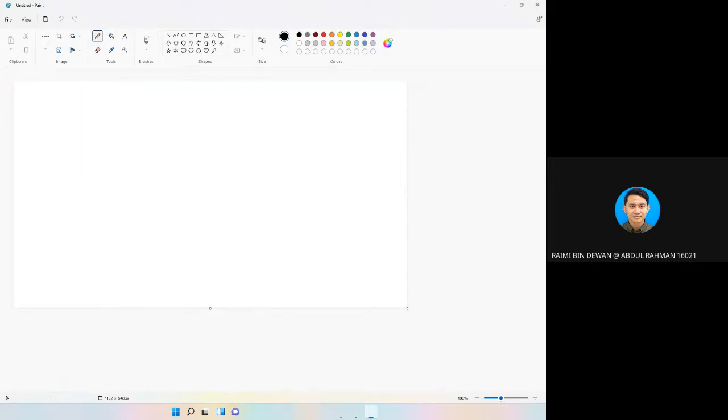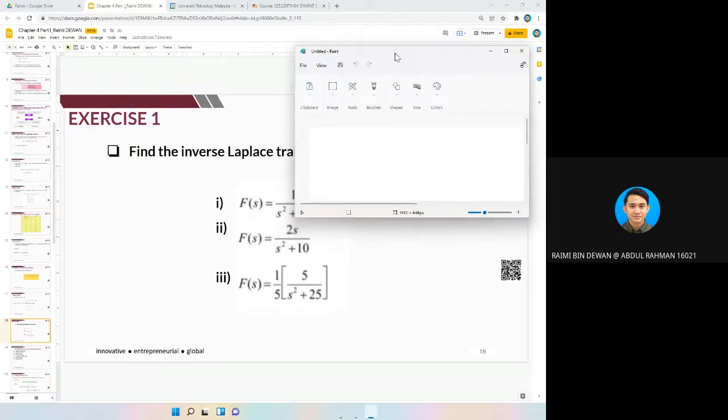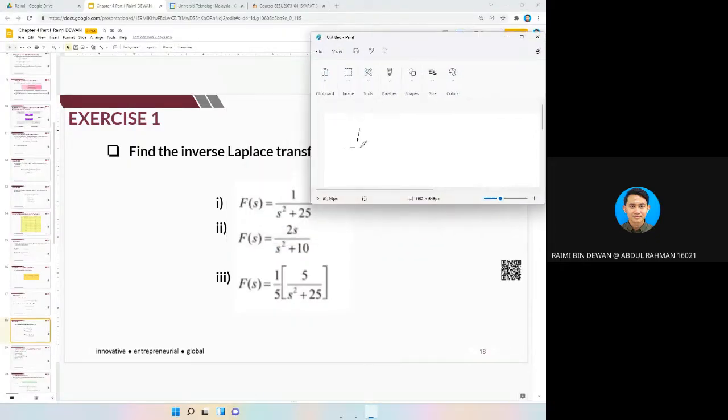Where is the equation just now? 1 over s squared plus 25. Am I correct? It is difficult when I disable my screen share. I'm transferring to my touch screen.